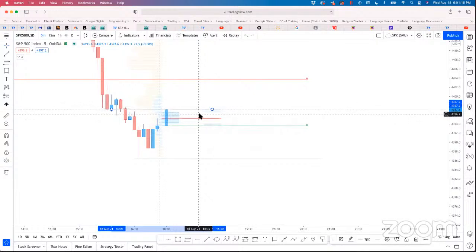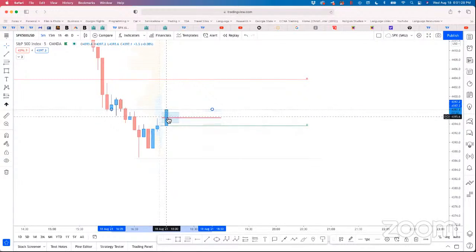If you see that you get a rejection here and you see price drop below the point of control, that's a sign that there's selling pressure right here.